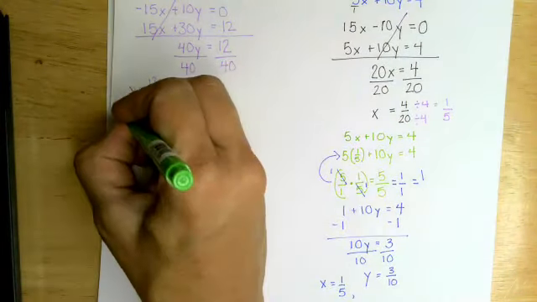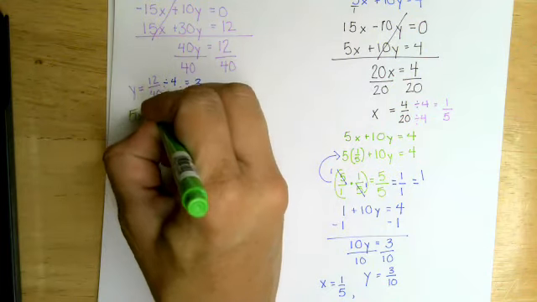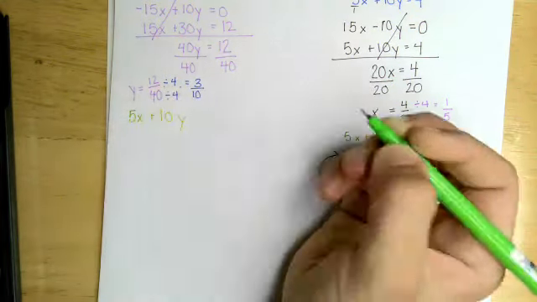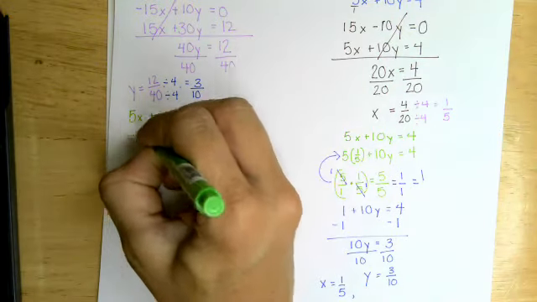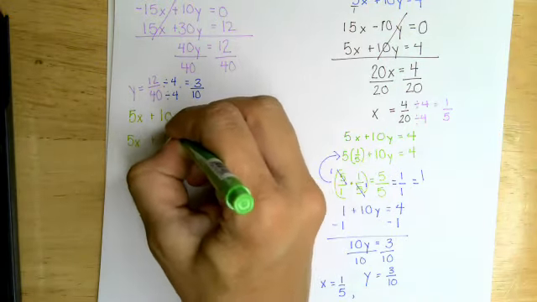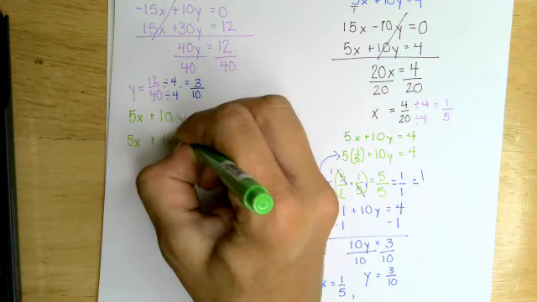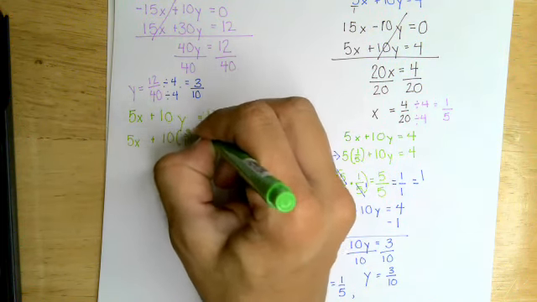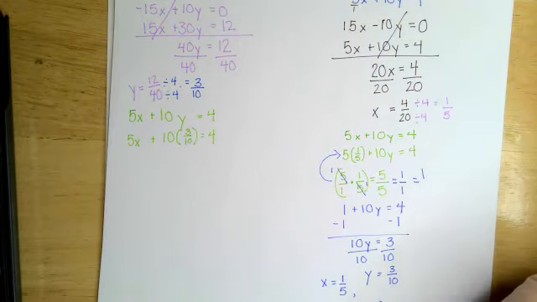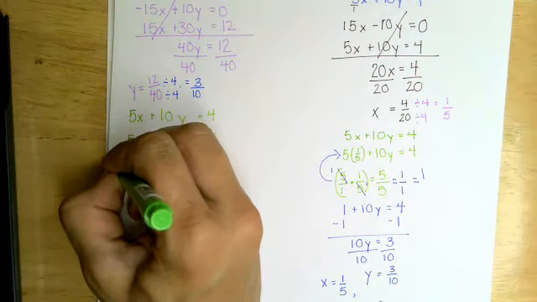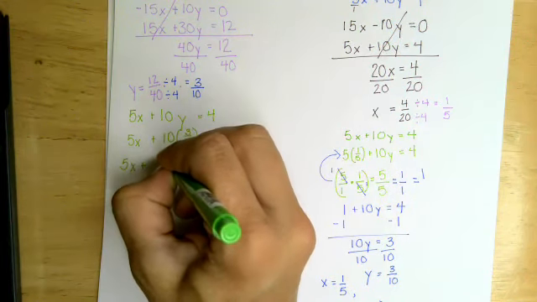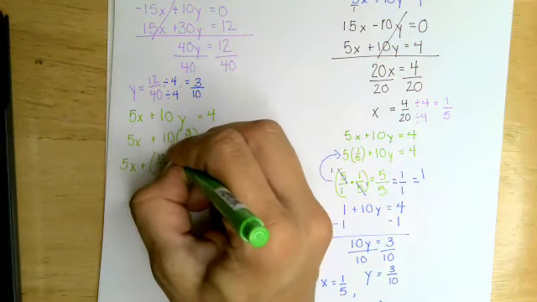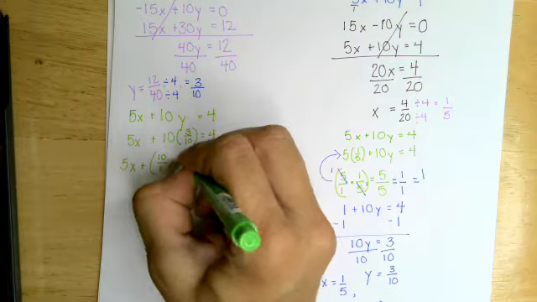So we have 5x plus 10y is 4. 5x plus 10 times 3/10 equals 4. So that means we're multiplying 10 over 1 times 3 over 10.